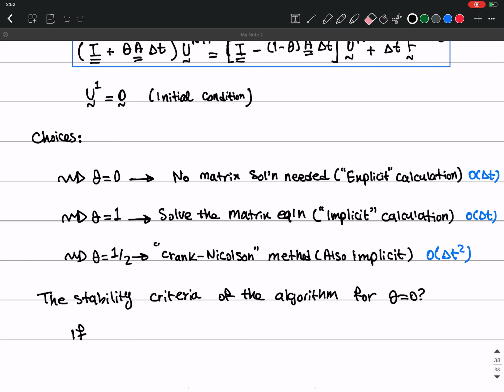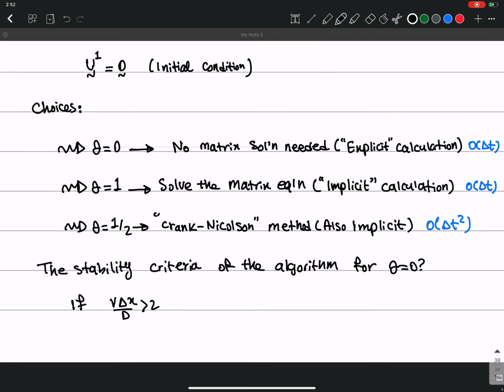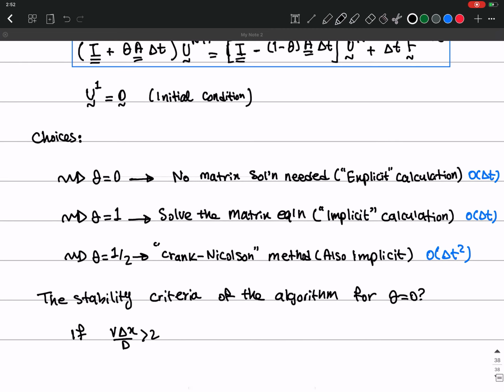So if V delta x over D is greater than 2, then we require V squared delta t over D to be smaller or equal to 2.